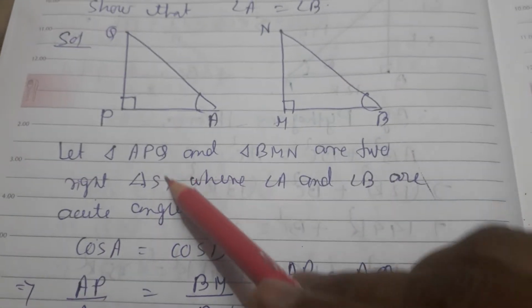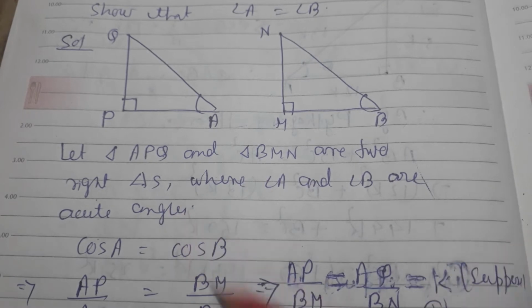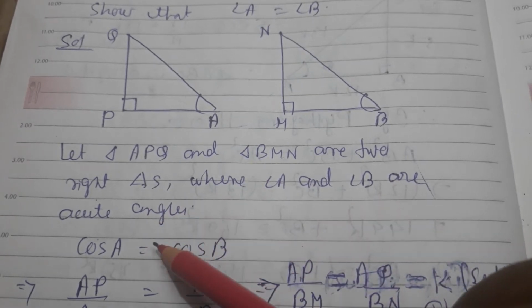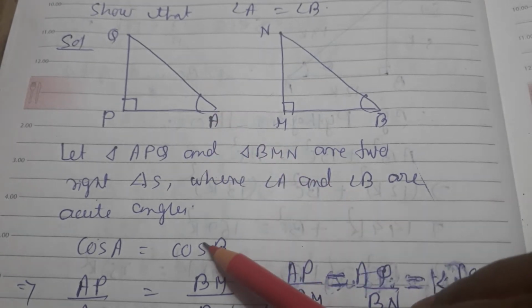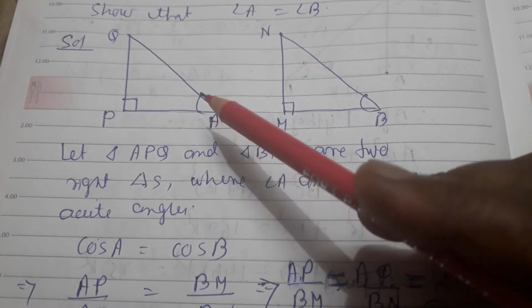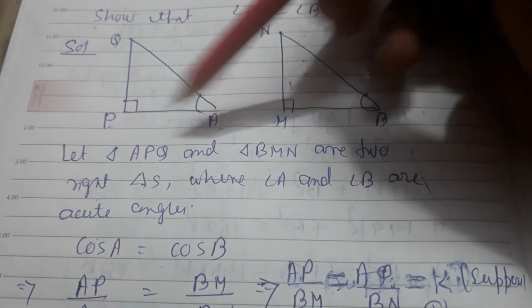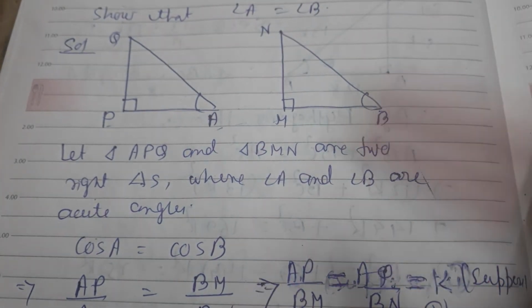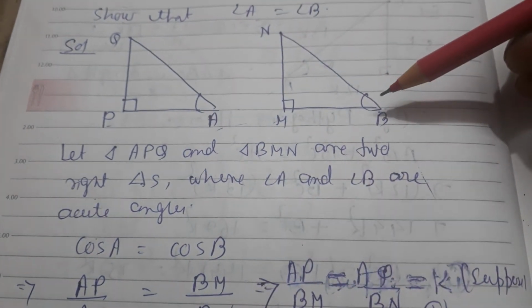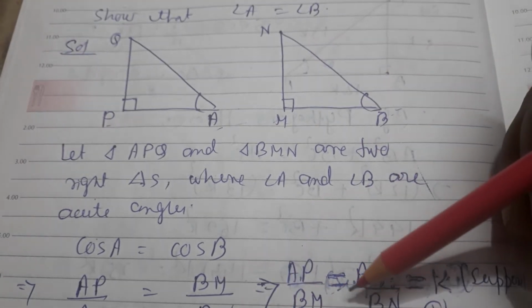Let triangle APQ and triangle BMN be two right triangles where angle A and angle B are acute angles. Cos A equal to cos B, it is given. In this triangle, cos A equal to AP by AQ, base by hypotenuse, and for this triangle, cos B equal to BM by BN, base by hypotenuse.